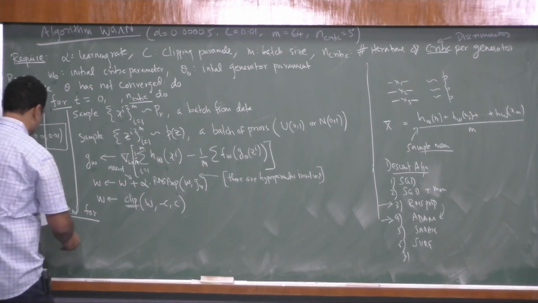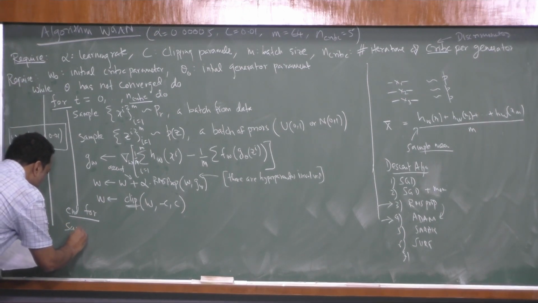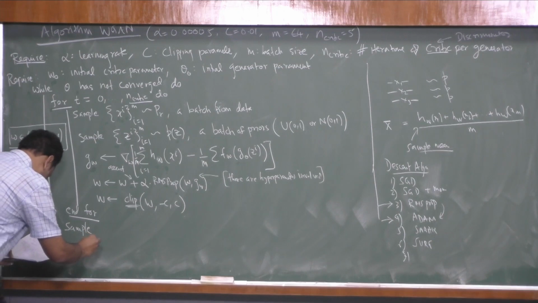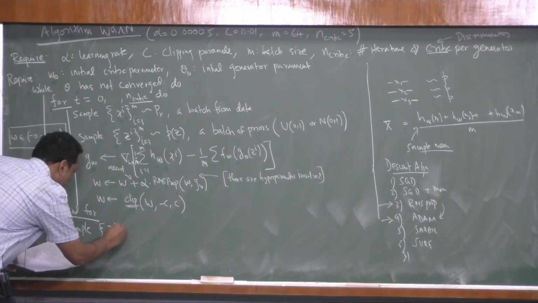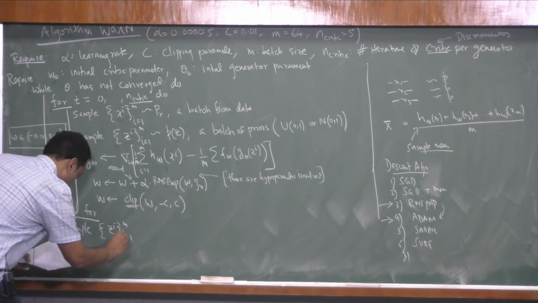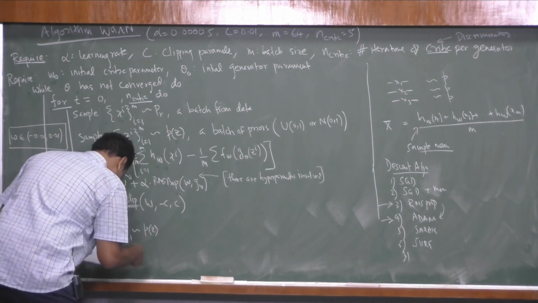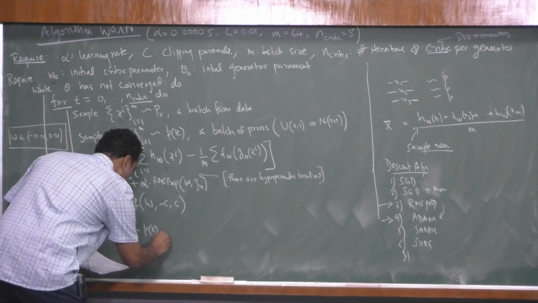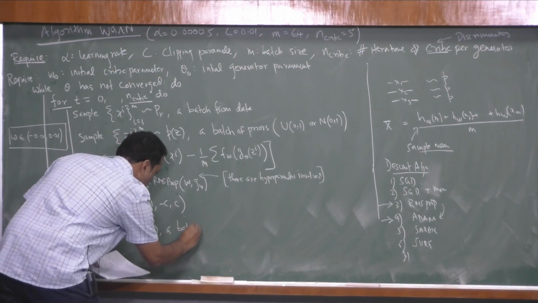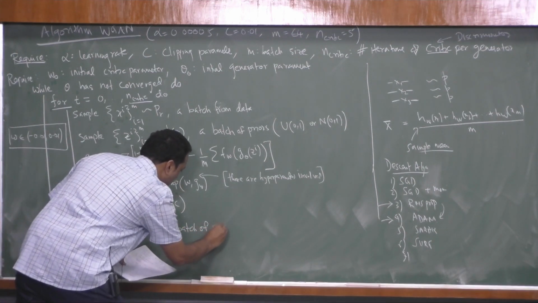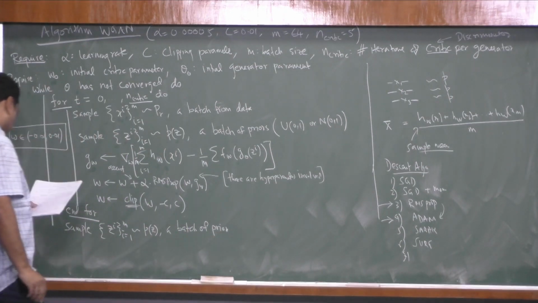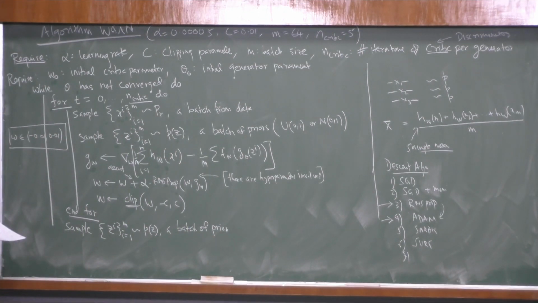So sample Z_i, i equal 1 to m, coming from the prior distribution, a batch of prior. And then we do the usual gradient computation.